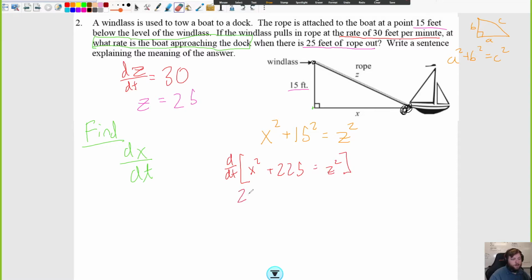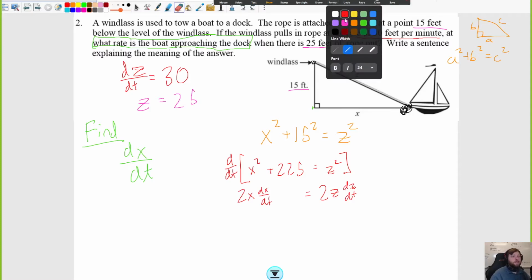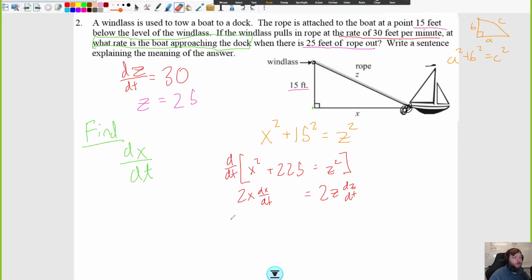That's going to be 2x dx/dt is equal to 2z dz/dt. All right. I'll plug things in. I get 2 times x. I don't know my x right now. 2 times 25 times 30.